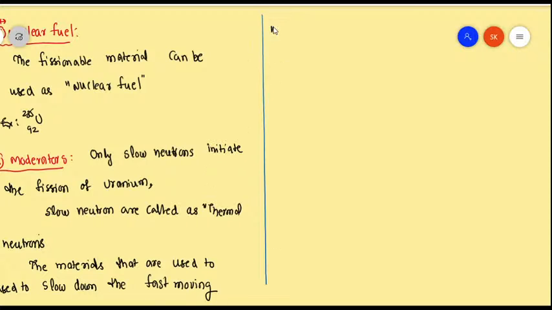What is the use of the moderators? Moderators are used to slow down the fast moving neutrons released in nuclear fission. Which materials do you have to use?